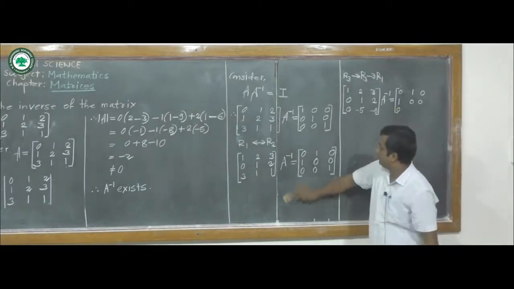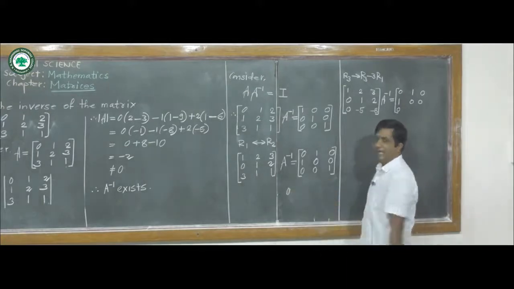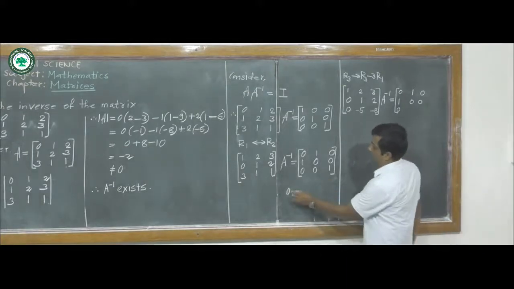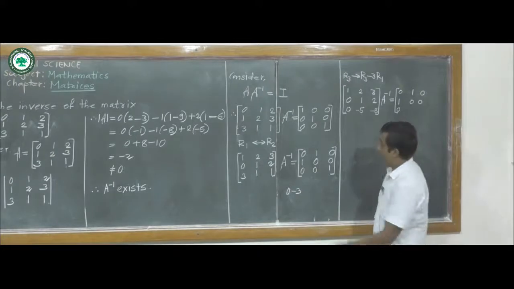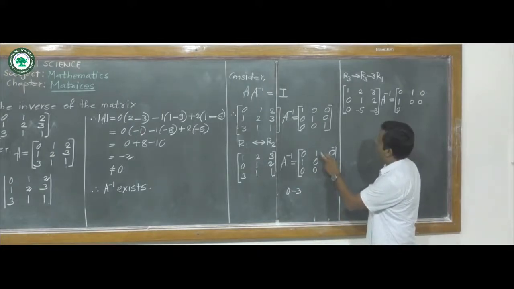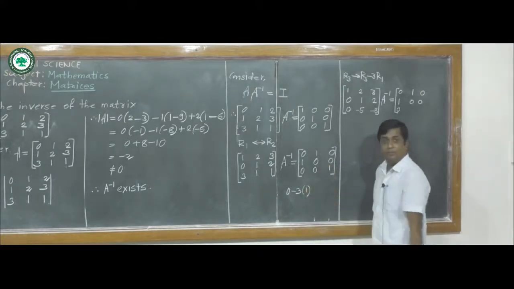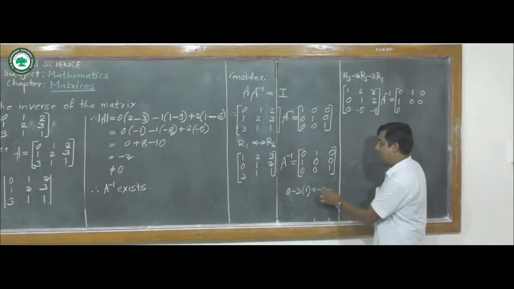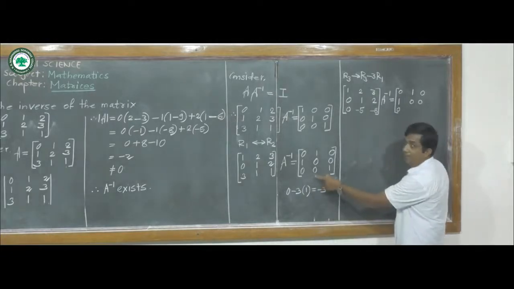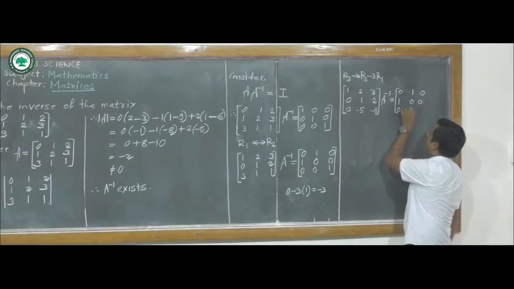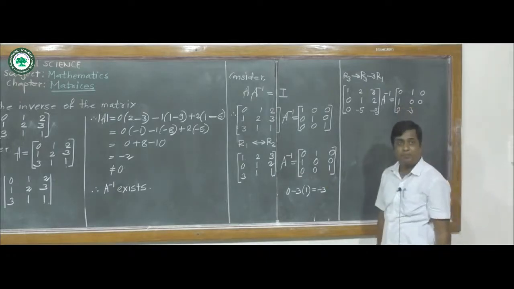Next, the second element from row 3 is 0, with minus 3, the second element from row first is 1. We know 0 minus 3 is minus 3. So in the position of 0, we have minus 3.